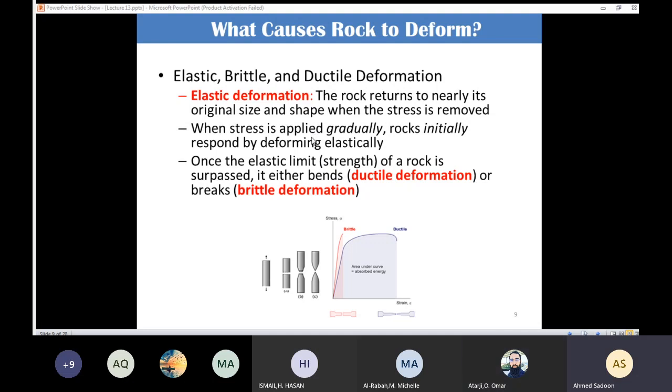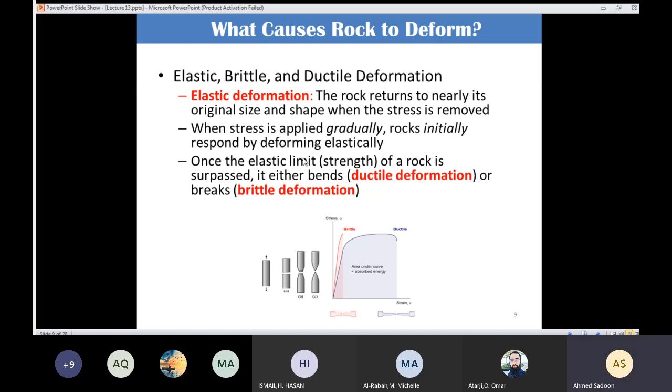Here we are going to see what happens if we have compressional stress, tensional stress, and also shear stress, and what will happen when we have brittle behavior and when we have ductile behavior. I'm going to go through that. Okay.